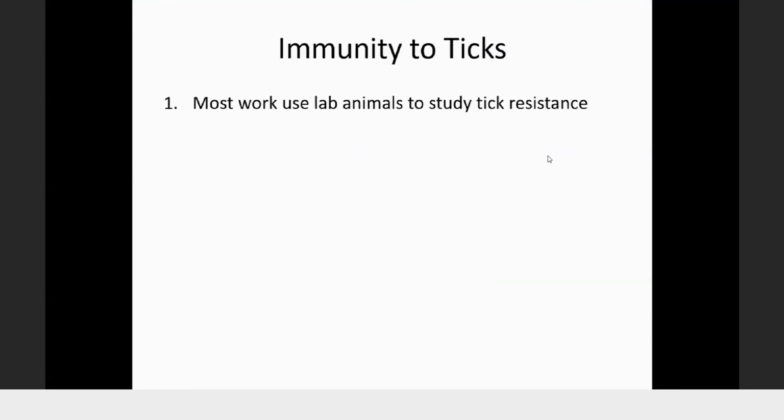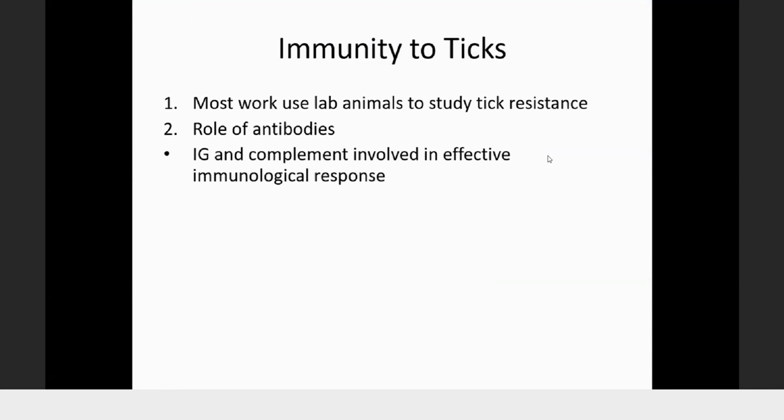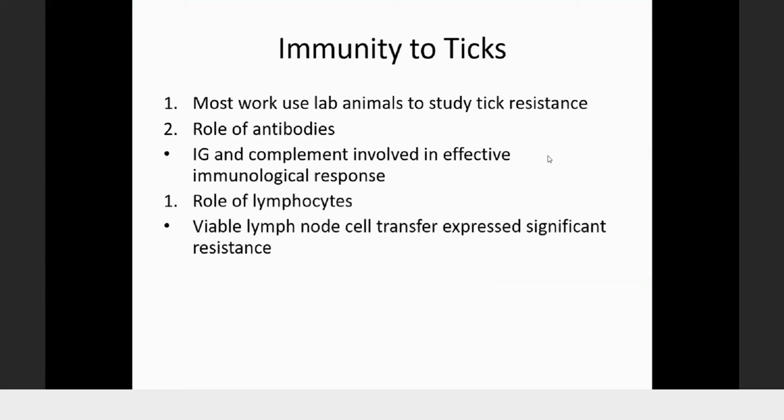So there is some summary that I have here. Most work uses lab animals to study tick resistance. From their studies, there are different roles. One of them is antibodies, where IgG and the complement are involved in the effective immunological response. For lymphocytes, viable lymph node cell transfer expresses significant resistance.